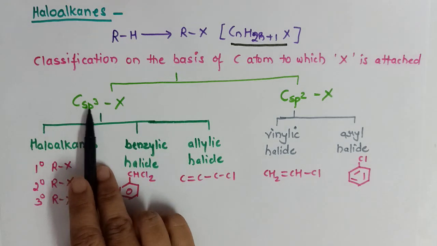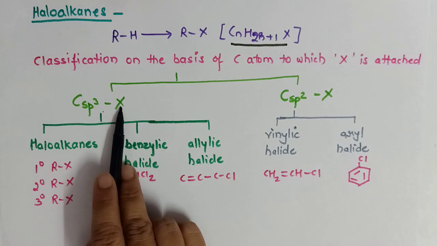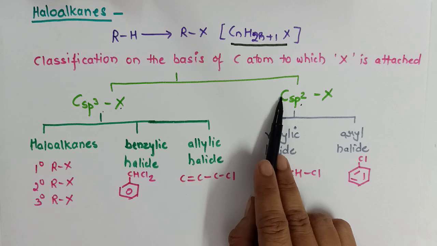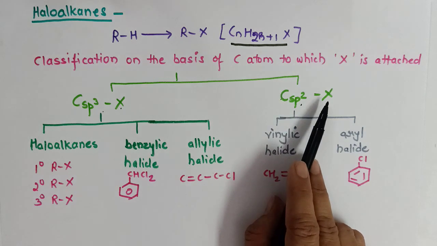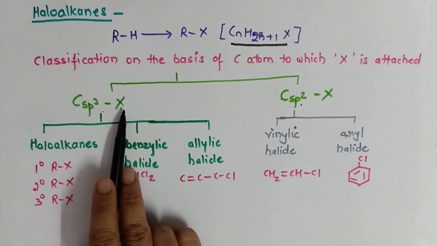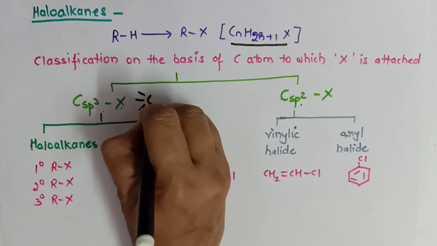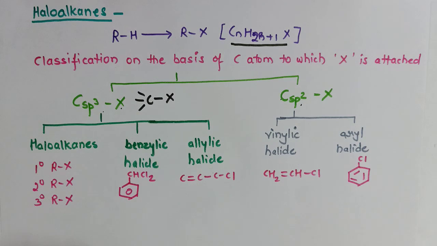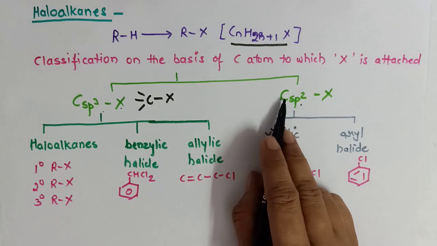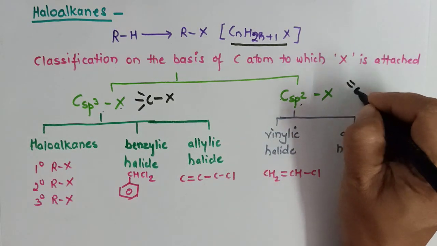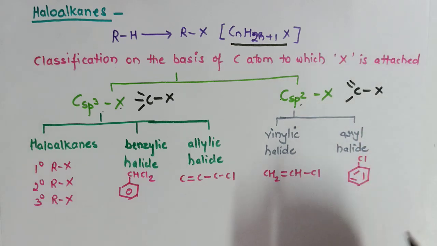It can be either sp3 hybridized carbon and halogen, or sp2 hybridized carbon to which halogen is attached. Now sp3 hybridized, I can say, is a singly bonded carbon atom to which halogen is attached. sp2 hybridized carbon means I can say a doubly bonded carbon atom to which halogen is attached.